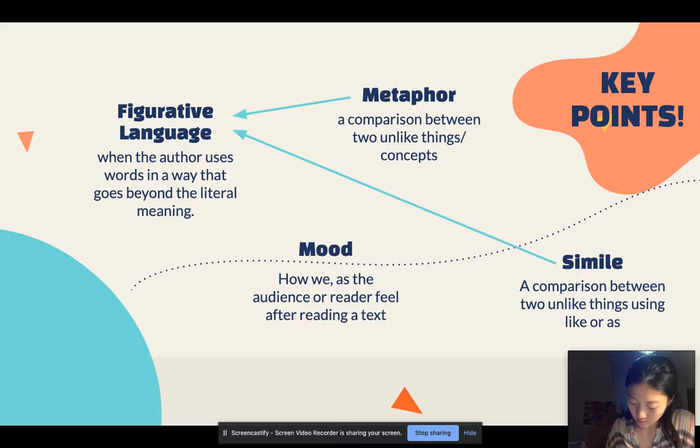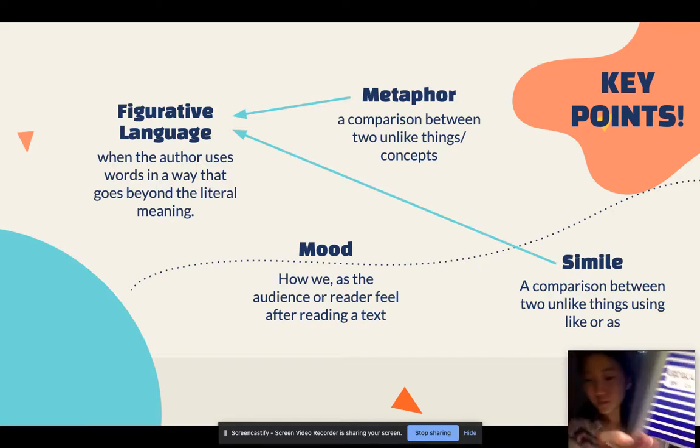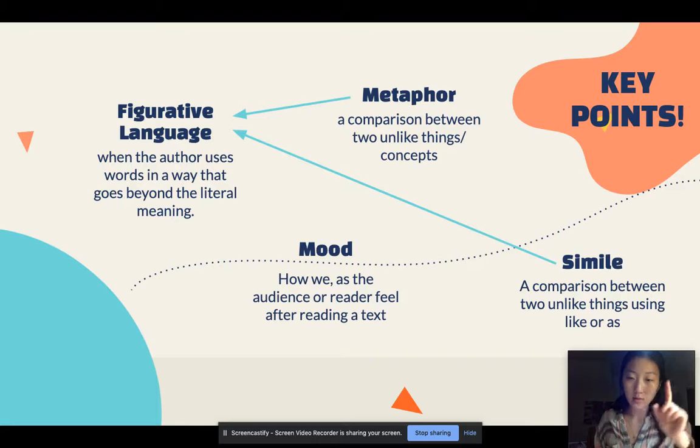And you actually should put two little air quotes around the words like and as, because it's using the word like or as.